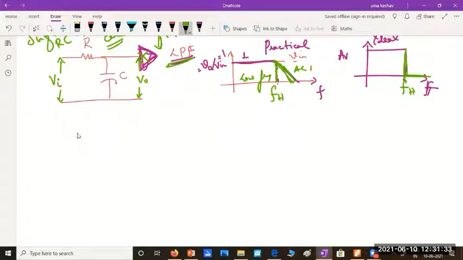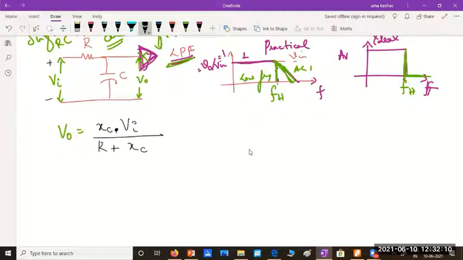Now, can you give me the expression for V_0 in this circuit? What would be the output voltage? It would be this capacitive reactance into, it's the voltage divider rule. Input voltage gets divided between this R and C, so the voltage across the C will constitute the output voltage. So X_C into V_i divided by R plus X_C, right?